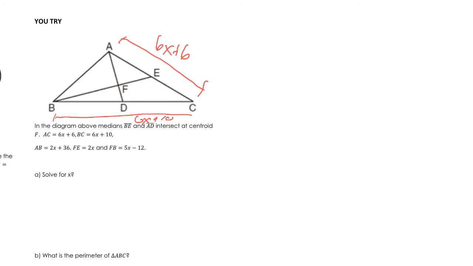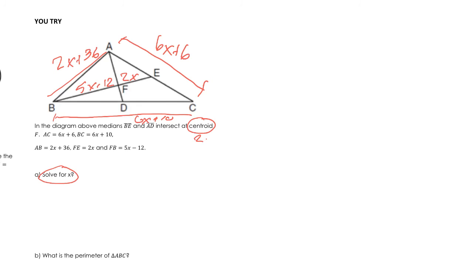AB 2x plus 36. FE 2x. FB 5x minus 12. So I can't do anything with the sides because I don't know the perimeter, but I want to set up an equation to solve for x.